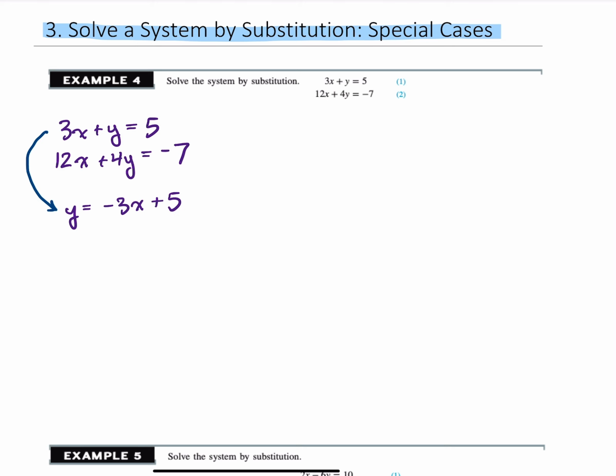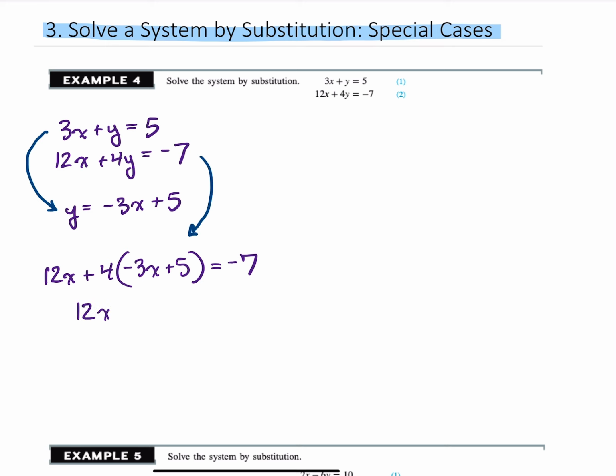Now let's take the other equation, plug in our expression. So 12x plus 4y, instead of y, we'll plug in negative 3x plus 5. Now let's solve for x, and this is equal to negative 7. So I will distribute the 4 through.